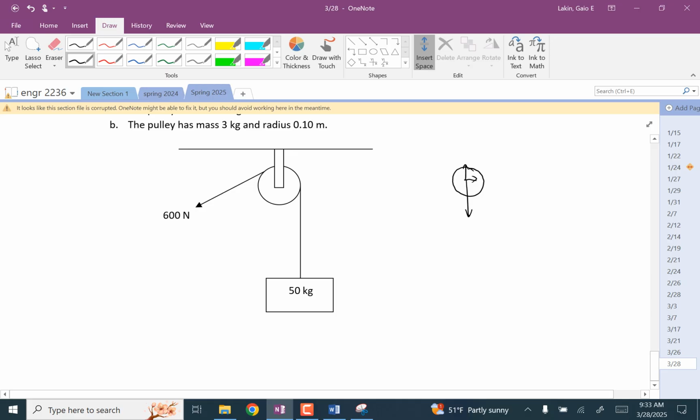But thinking about this angle first, so that's all I'm going to address here. We have this one tension here, I'll call that T2. And we have another tension here that is always going to be tangent, I'll call this T1, but it's always going to be tangent to that circle, okay?